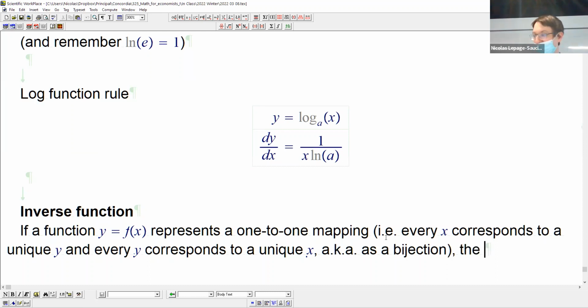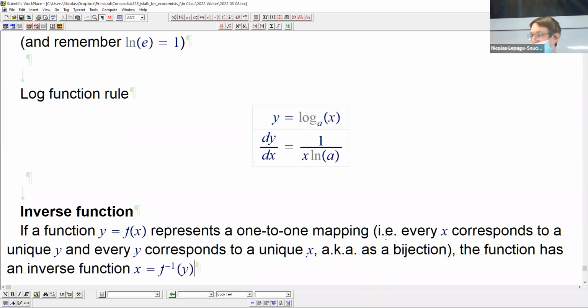Then the function has an inverse function, which is x equals f minus 1 of y. Yes, it's just what I told you. So this is how we write it.